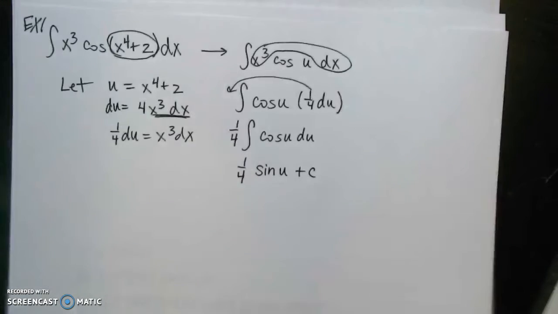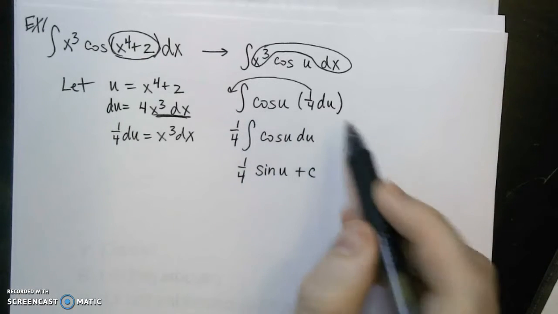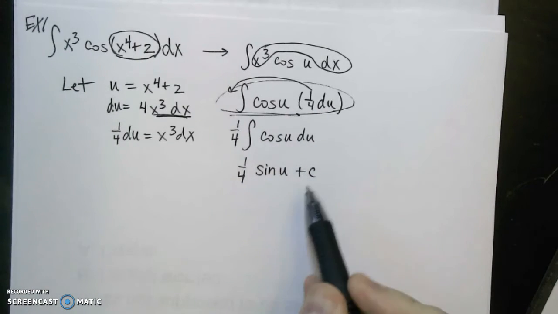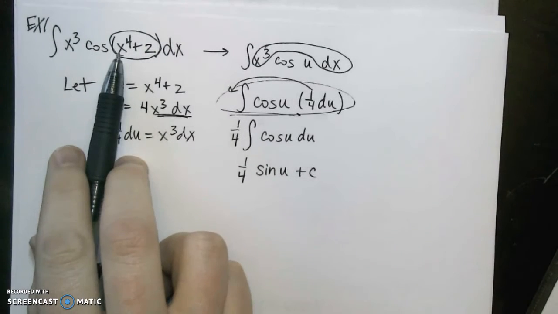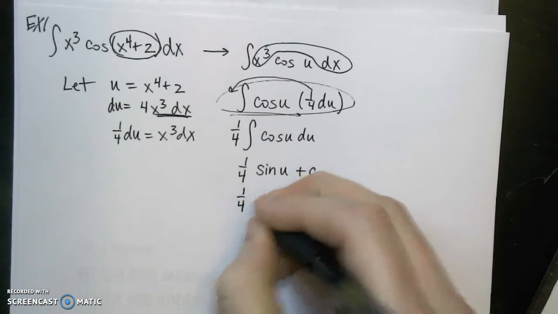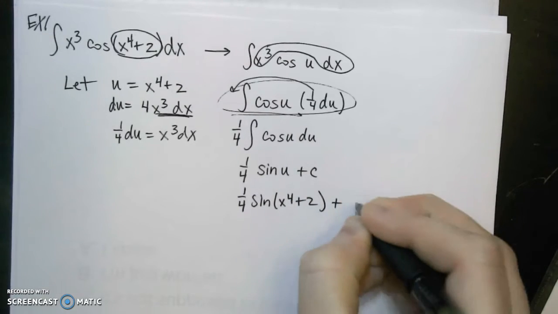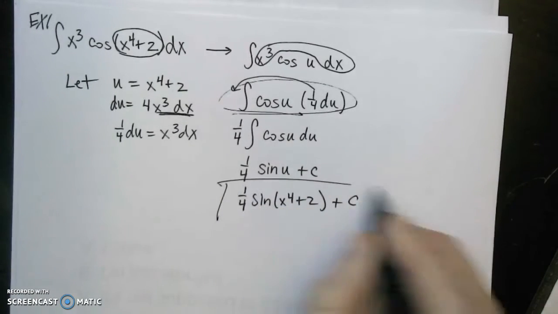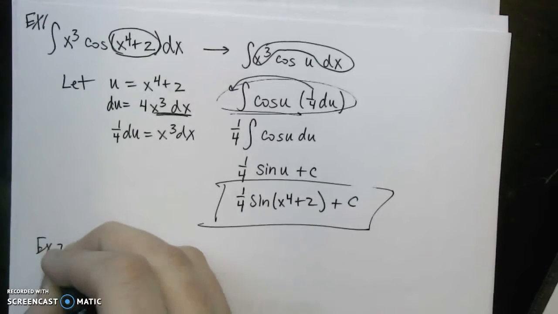And so that is the integration of the simplified version of the problem, but we need to go back and think about what the problem actually was, and we need to plug our u back in. So our u is x to the fourth plus 2, and then you've got your plus c, and this is the final answer. That is the integration. So let's look at example 2.